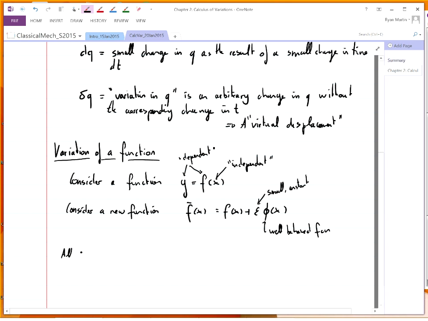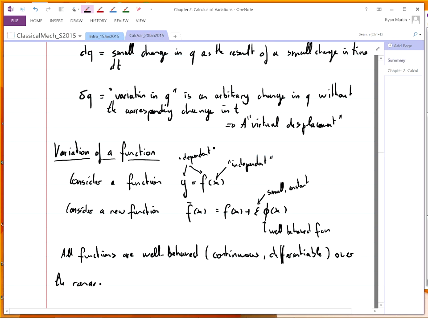So let's say that all functions are well-behaved, that means they're continuous and differentiable over the range of interest in x.